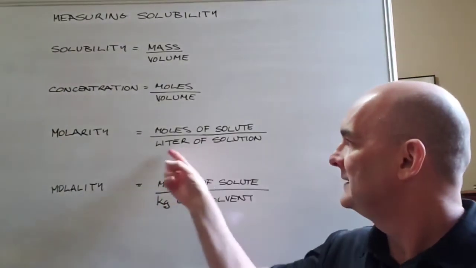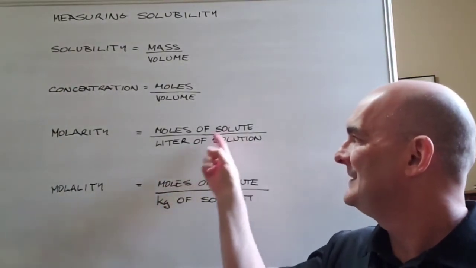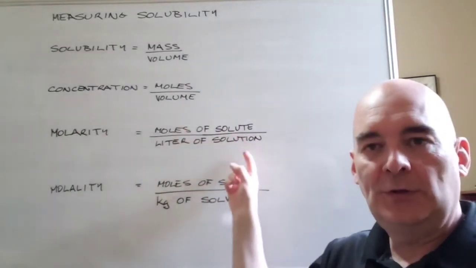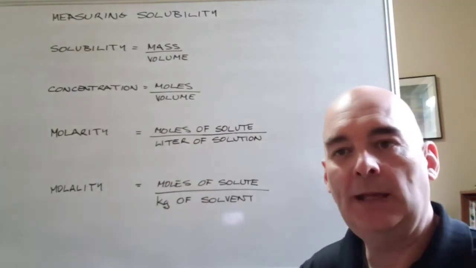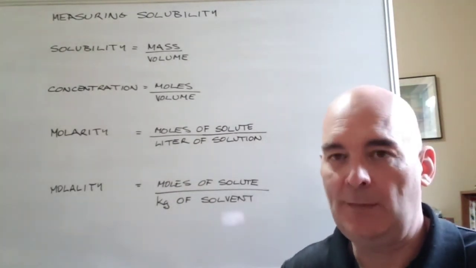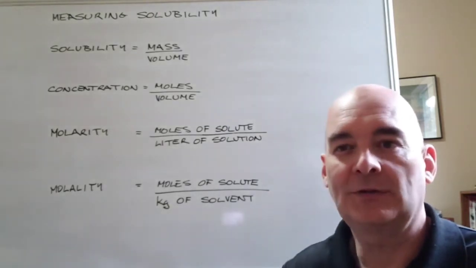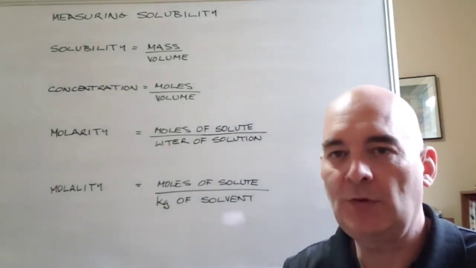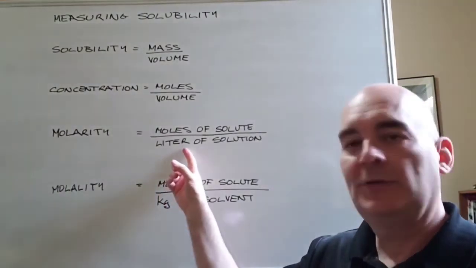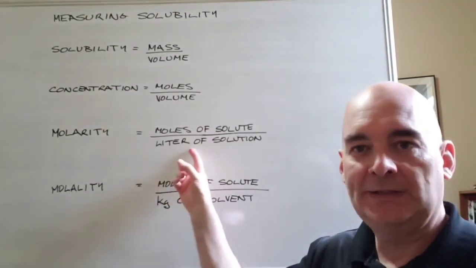So this liter of solution contains the volume of the original solute inside. So when we make solutions in terms of molarity, we start with an empty vessel. We put the solute into the vessel first, and then we make up the solution up to 1 liter.